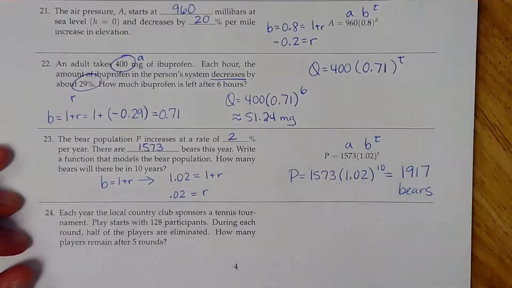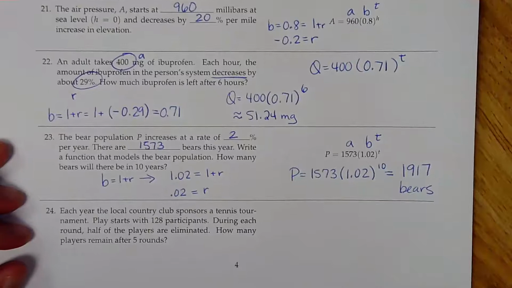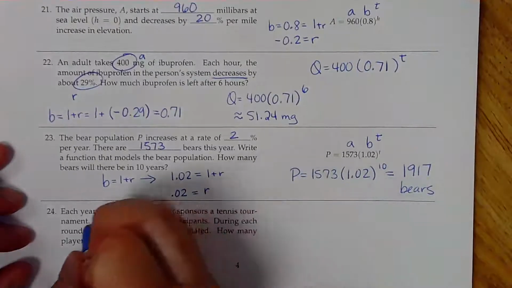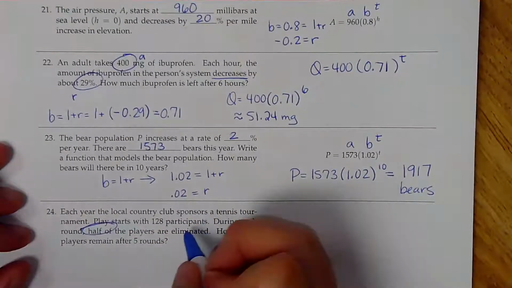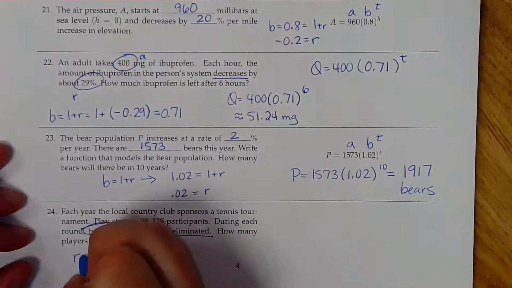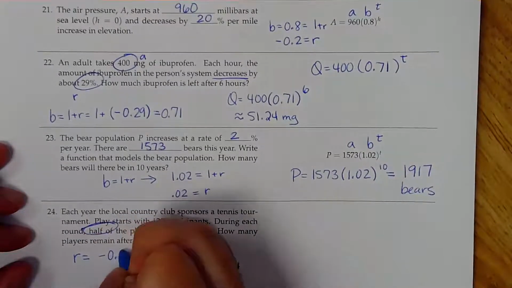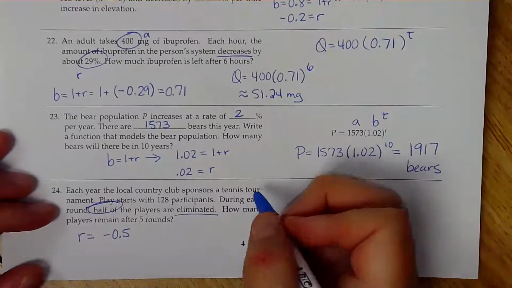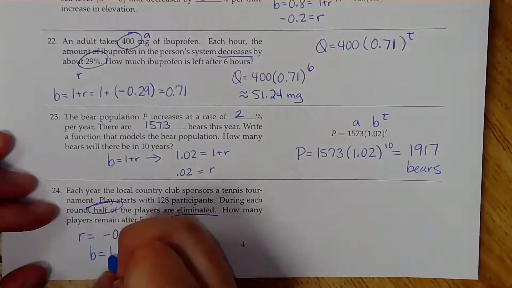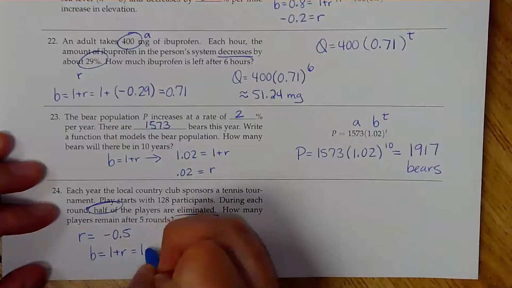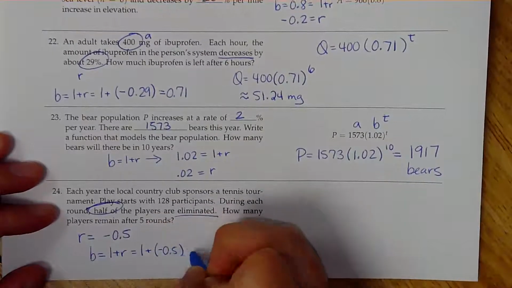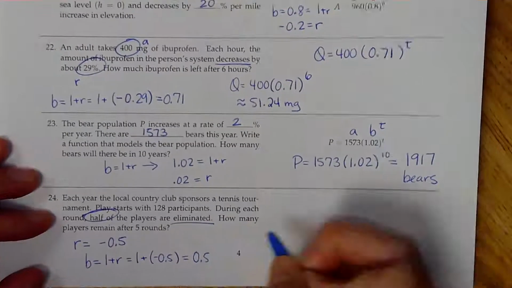Right, last but not least, number 24, each year the local country club sponsors a tennis tournament. Play starts with 128 participants. During each round, half of the players are eliminated. How many players remain after 5 rounds? So this half are eliminated. That tells me that R is negative 0.5, which means that B, which is 1 plus R, is going to be 1 plus a negative 0.5, which gives me 0.5.